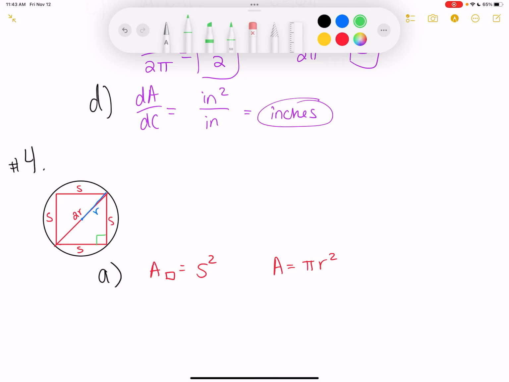Can we agree with that? Since it's a square, this is clearly splitting this in half. So the sine of 45 is equal to opposite over hypotenuse, so s over 2r.